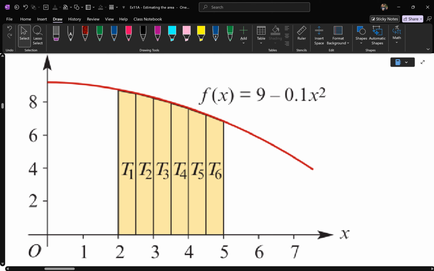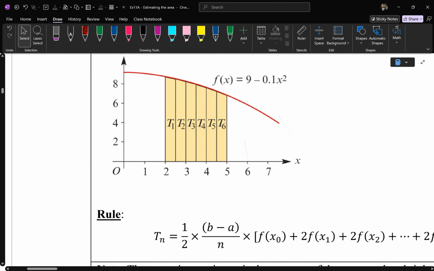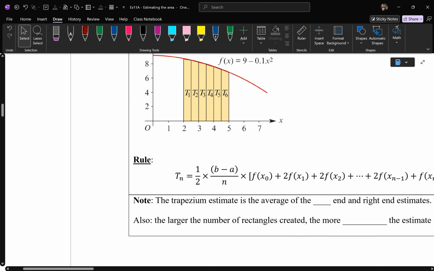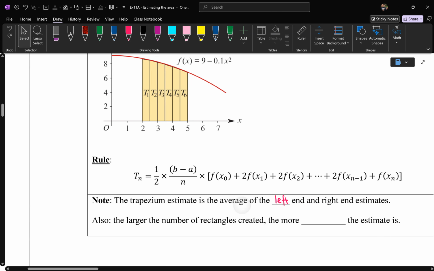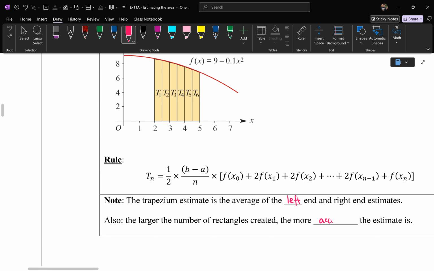It's not perfect, but it is a much better estimate, and it doesn't have an overestimate or an underestimate as much. Technically, we say that the trapezium estimate is the average of the left-end and right-end estimates. The larger the number of rectangles, the more accurate the estimate is. So the larger n, the better.